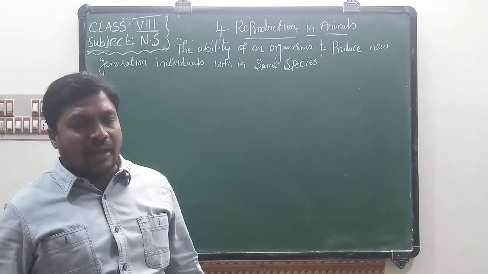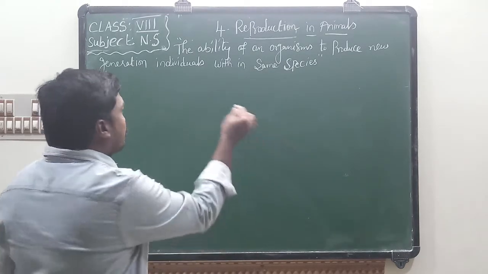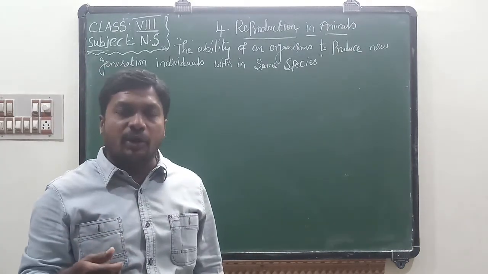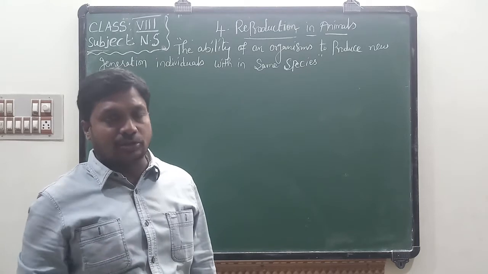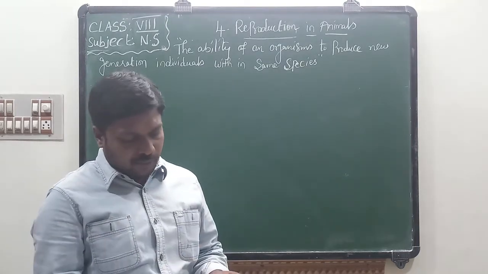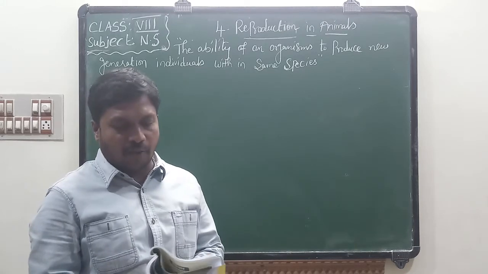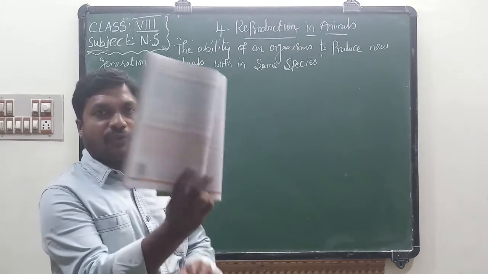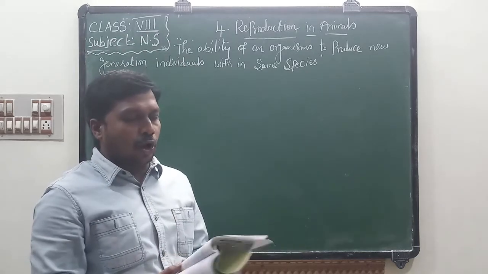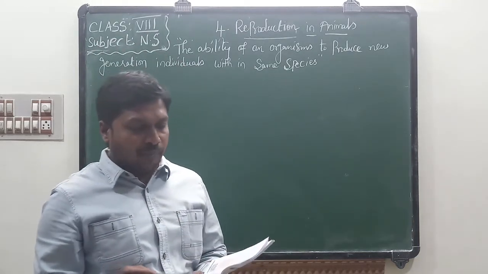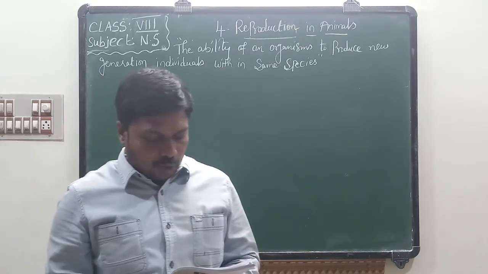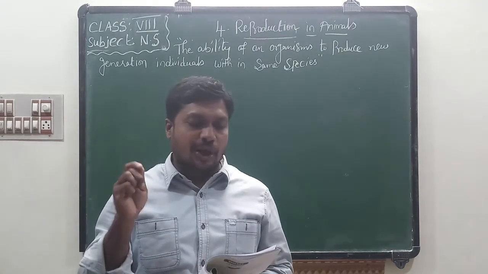In this class, I will explain about modes of reproduction and also how reproduction takes place in animals and in plants. So, all of you open page number 54 in your NS textbook and fill the columns, fill the table given on page number 54, with the help of a sharpened pencil.